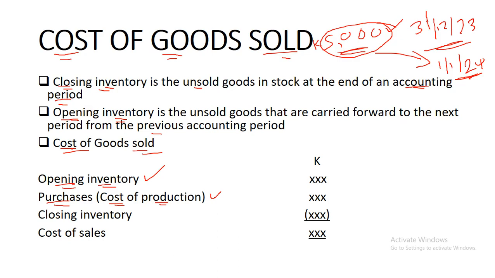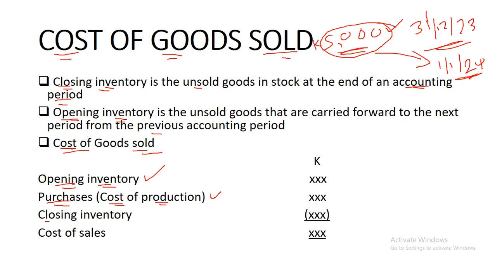But this can be replaced with cost of production if you're the one who's manufacturing. From your perspective as a distributor, as a retail trader, when you purchase items or inventory from TradeKings, that's what's called the purchases. But from TradeKings' perspective, they're the ones who are producing the inventory. So what they add as purchases to some extent is the cost of production. We're going to cover this when we look at the manufacturing accounts.